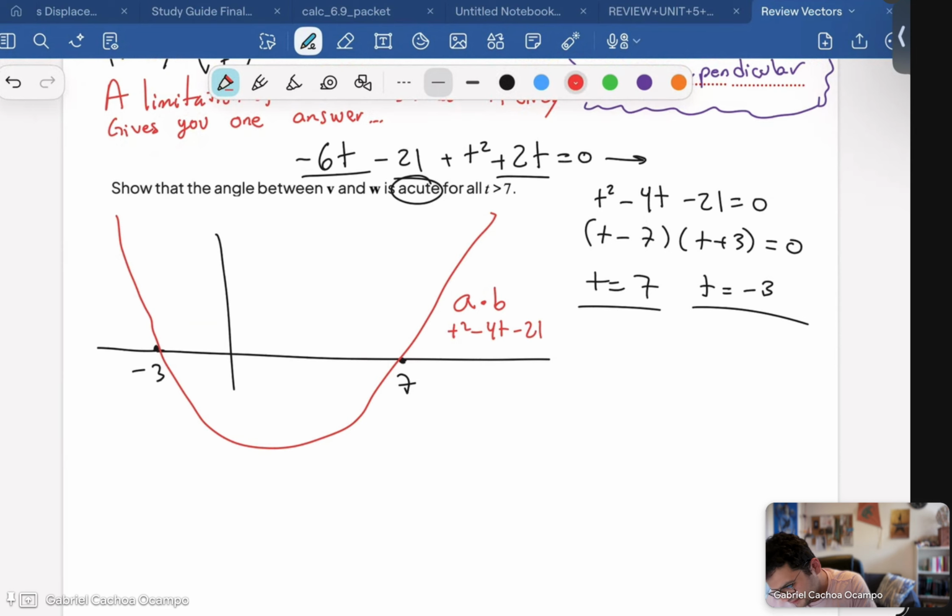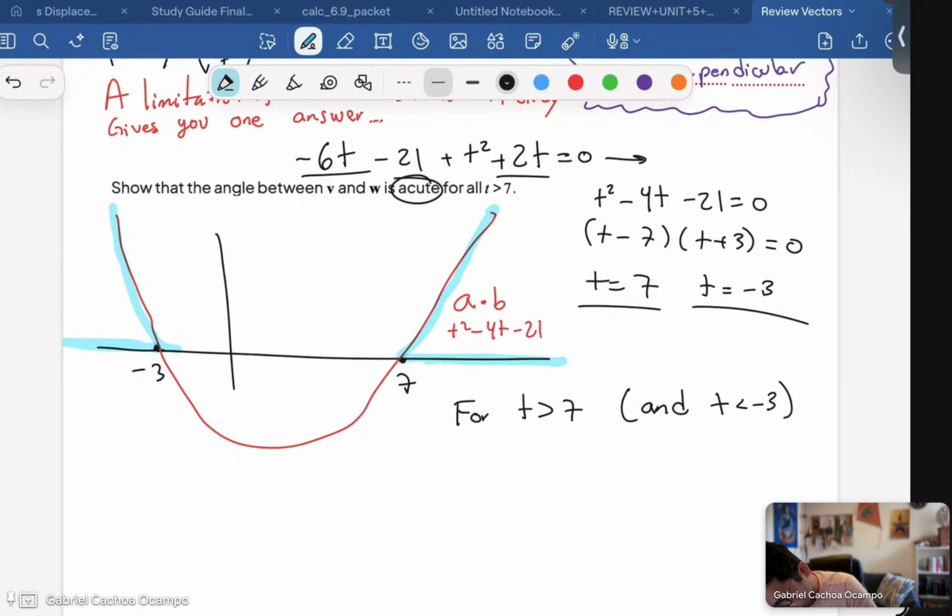So do you agree that for t larger than 7 or smaller than negative 3, the dot product is positive? What I am observing is that for t larger than 7, and for t smaller than negative 3, A dot B is positive.